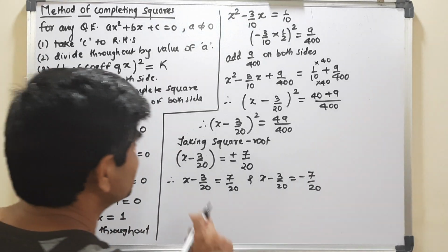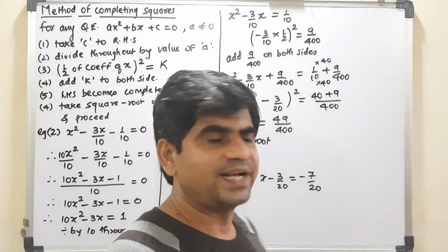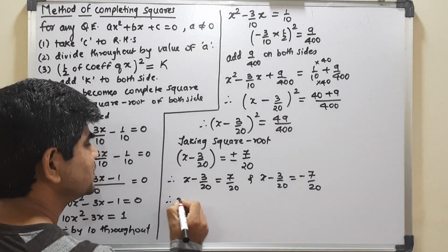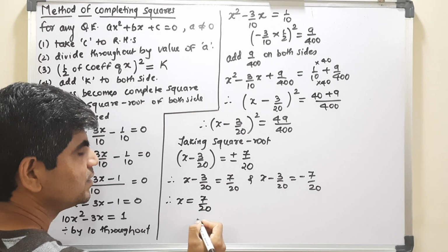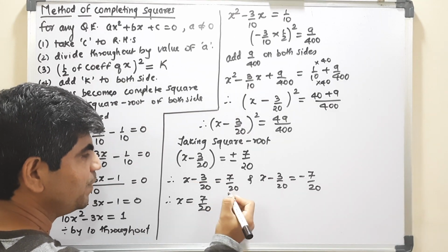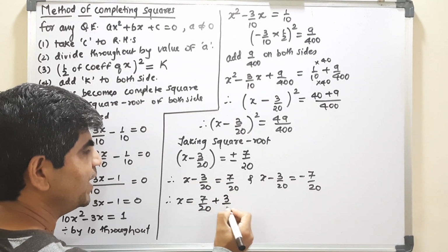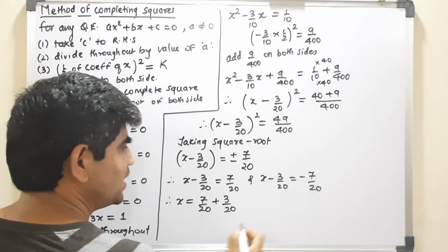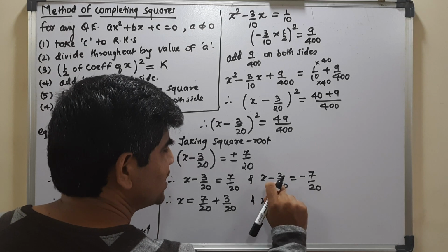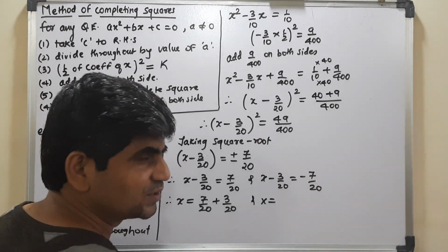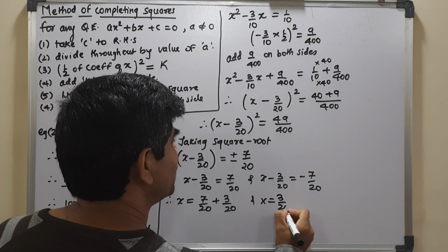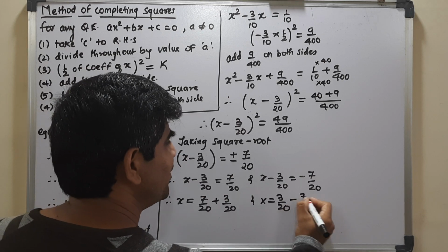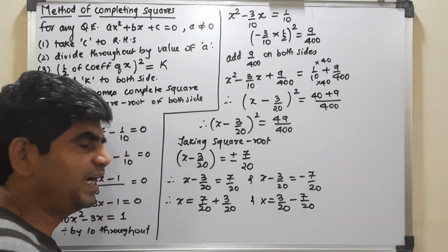Okay. So this minus 3 by 20 goes to the right side. So you get here x is equal to 7 by 20, and minus 3 by 20 is going to become plus, so it is plus 3 by 20. And here x, this is going to become plus and this will remain minus. So I am taking 3 by 20 first, that is 3 by 20 minus 7 by 20, right?